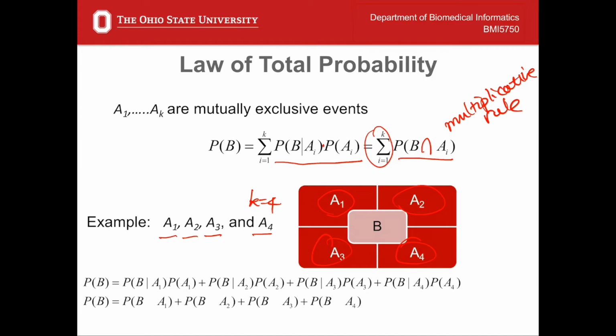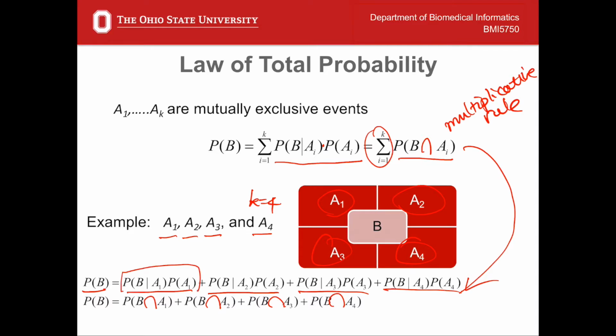Based on the law of total probability, we can write P(B) equals the summation of this. And for each component of P(B given Ai) multiplied by P(Ai), we can write it in the form of the probability of B intersection Ai.